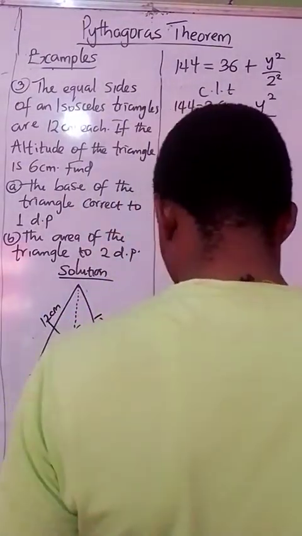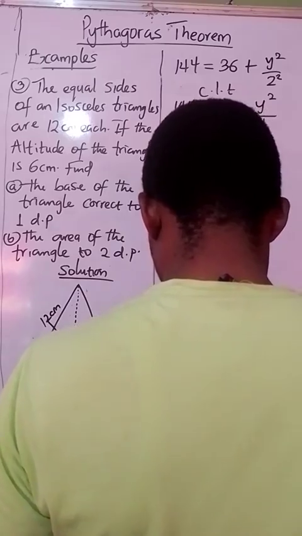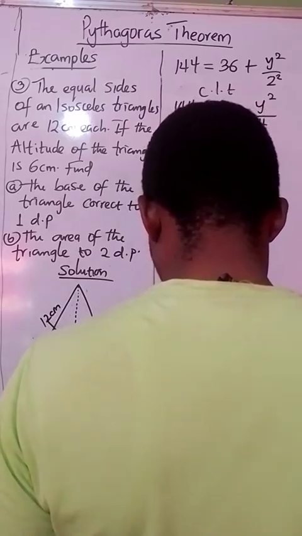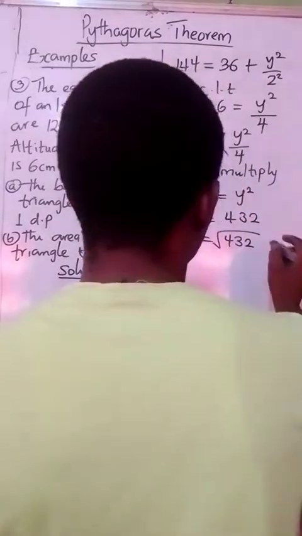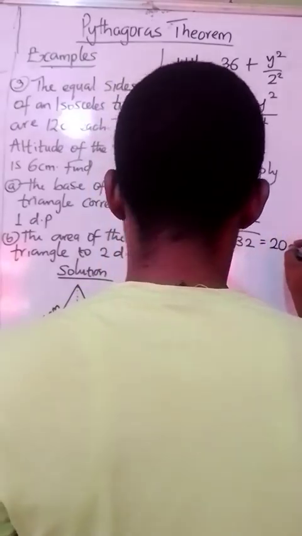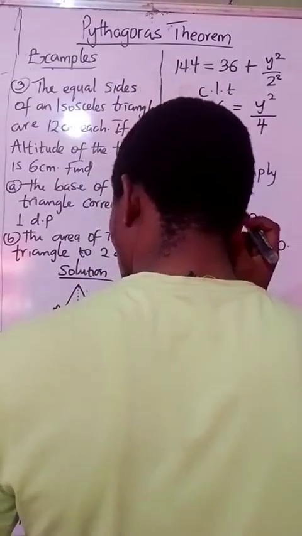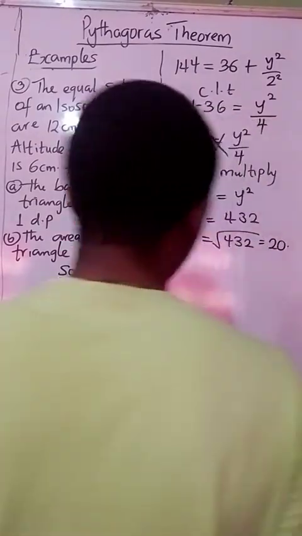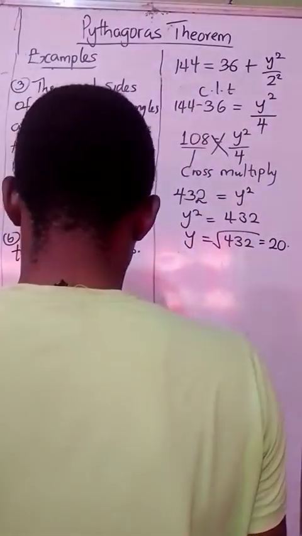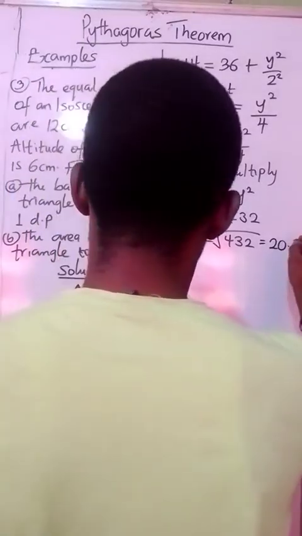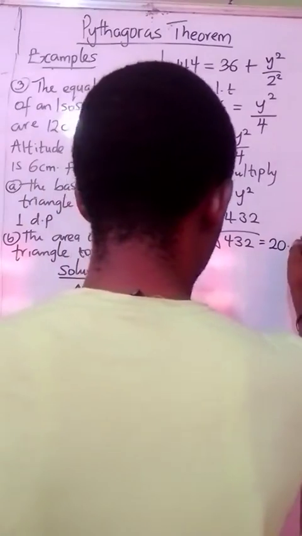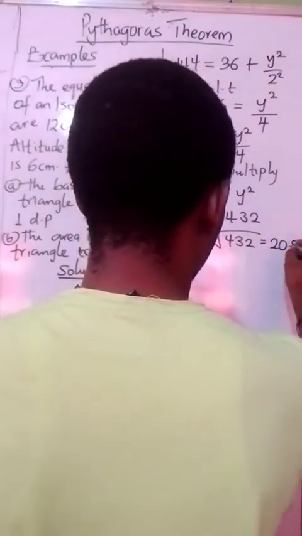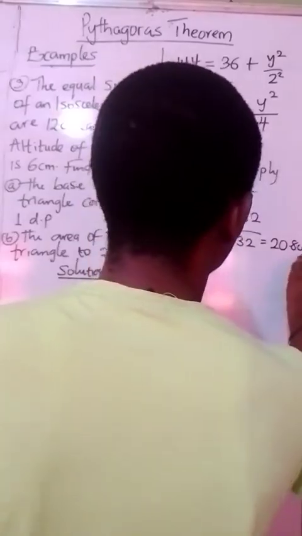Let's check. Root 432 is 20.78, so our answer is 20.8 to 1 decimal place, that's centimeters.